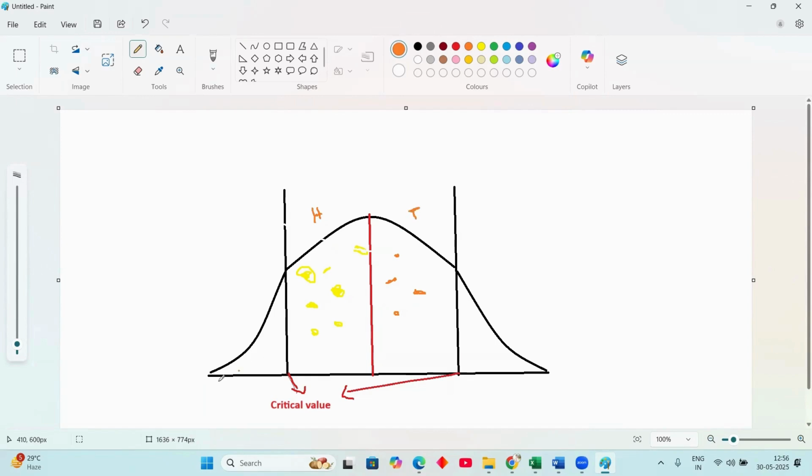In this case, we can see the data of this and the data of this. It is my 0.05 value, so it is 5% of my data. 0.05 is 5% of my p-value. So this is nothing but the rejected null hypothesis.